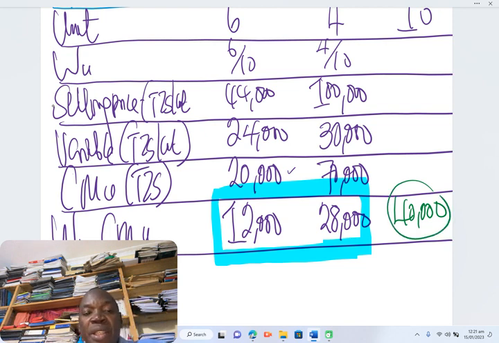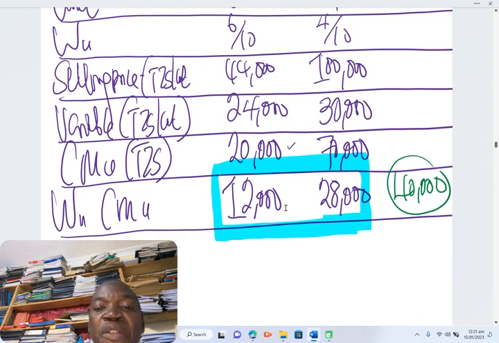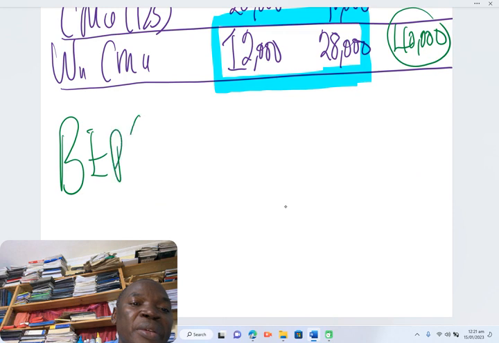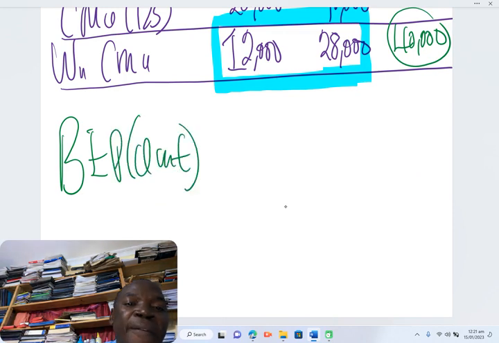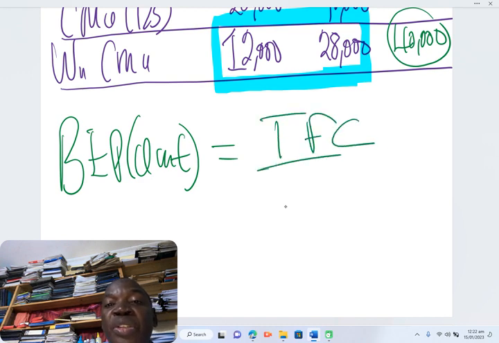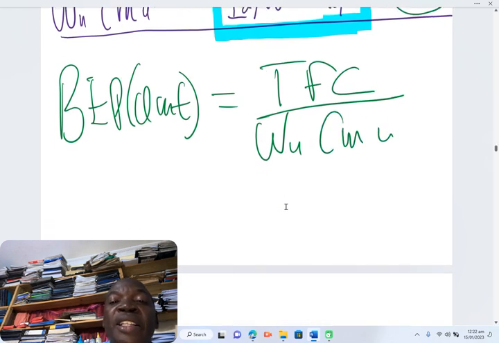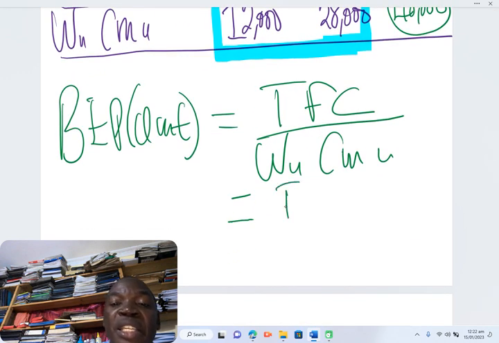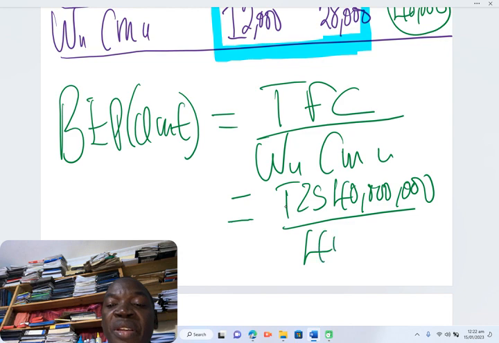So from 40, we can now compute the following. Break-even point in units is total fixed cost divided by weight factor per units times CMU. After adding that, it is TZS 40 million divided by 40,000.